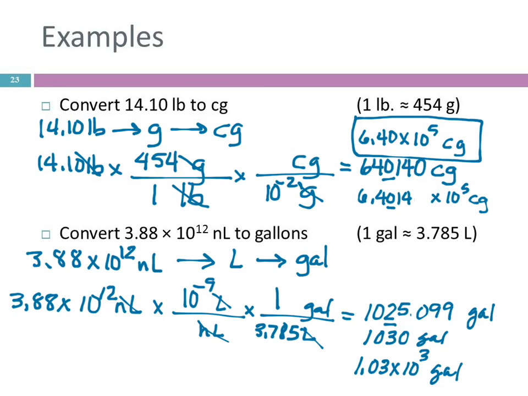Mine actually went on, it's 1025.0990752972226. So lots of digits, just because of the way my calculator is. There's a moth flying around. Any other questions?